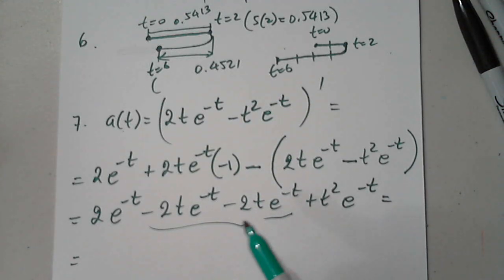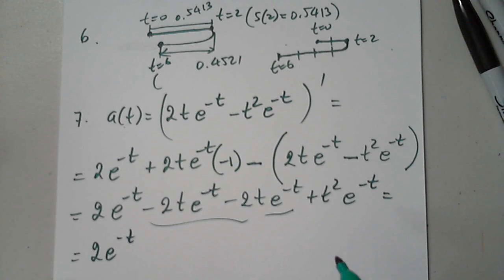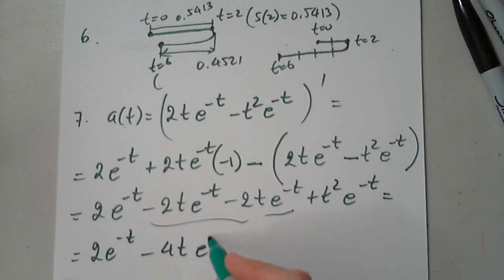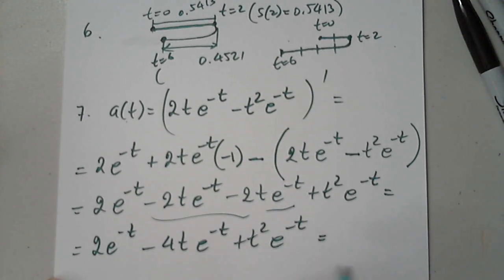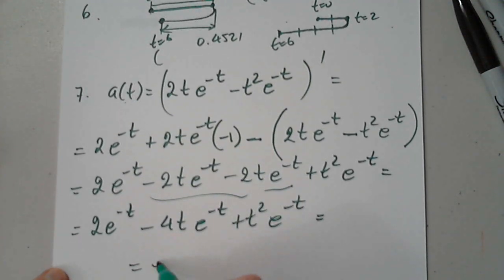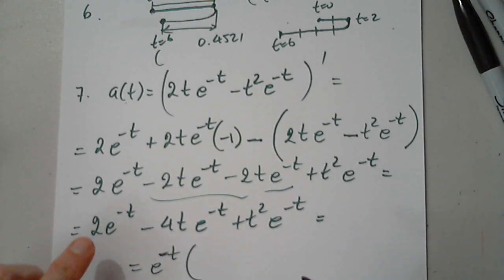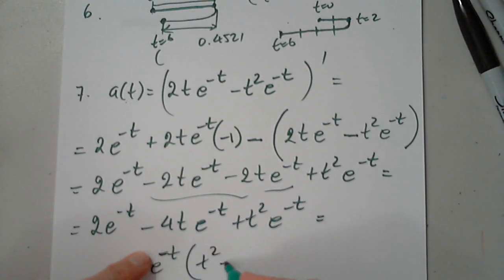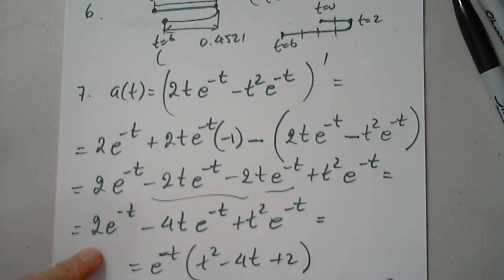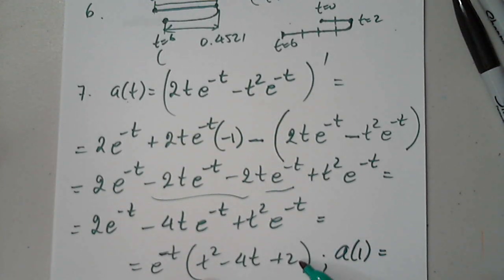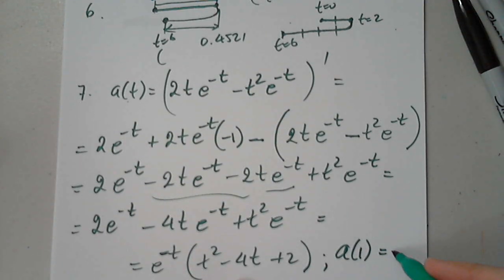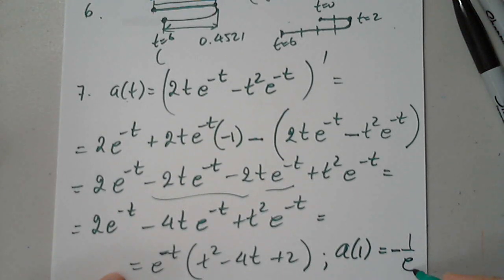So I can combine these as negative 4t e to negative t plus t squared e to negative t, and of course I will factor out e to negative t. And I have t squared minus 4t plus 2. And they're asking us for a of 1. So 1 plus 2 is 3, minus 4 is negative 1 over e.